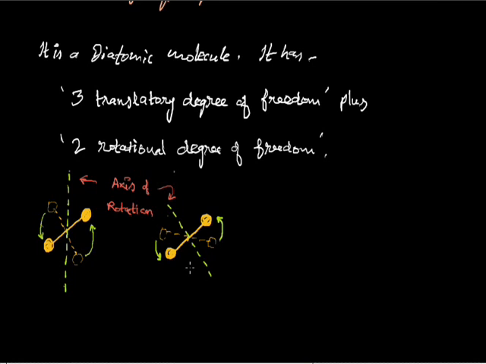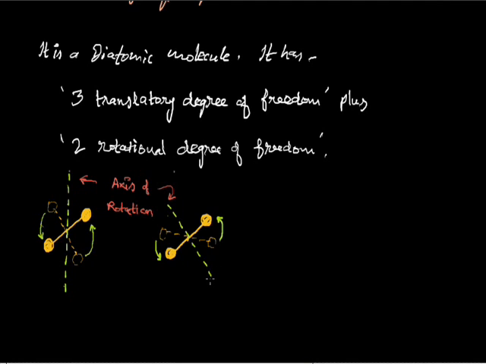So it can execute circular motion in two planes. In that case, it will have two rotational degrees of freedom and it will contribute the same amount of kinetic energy with respect to its rotation in a plane.